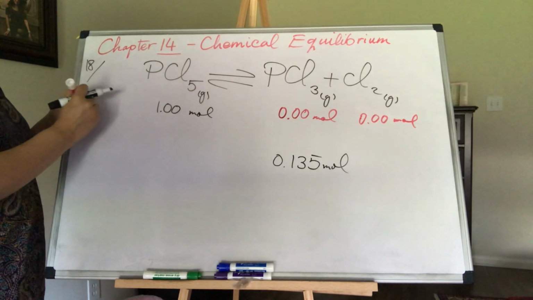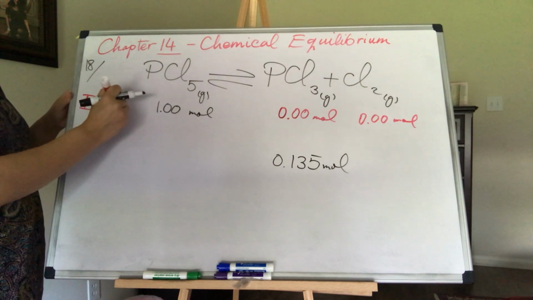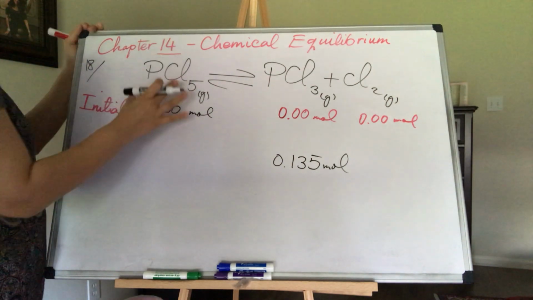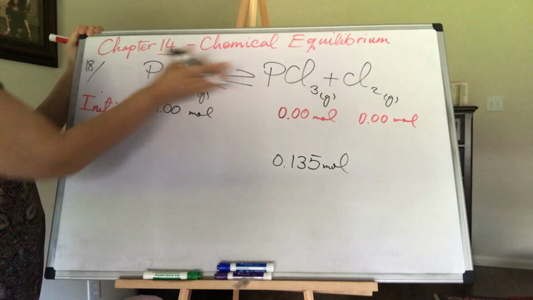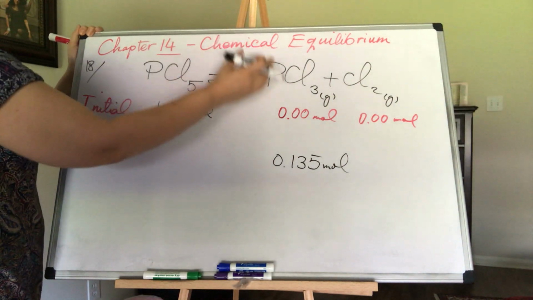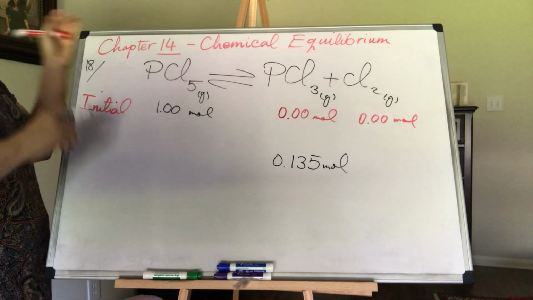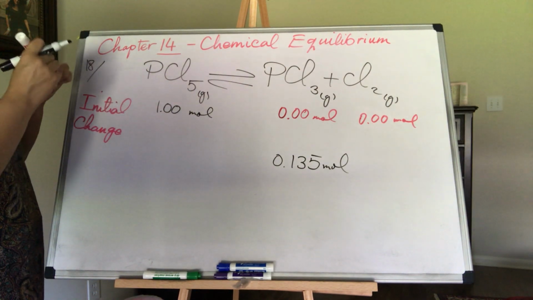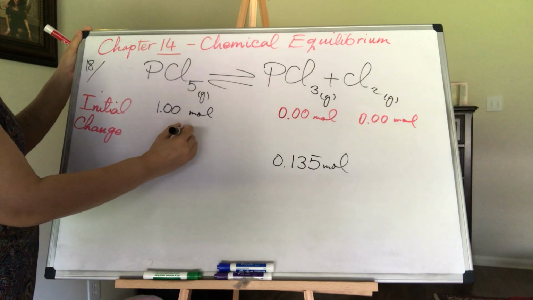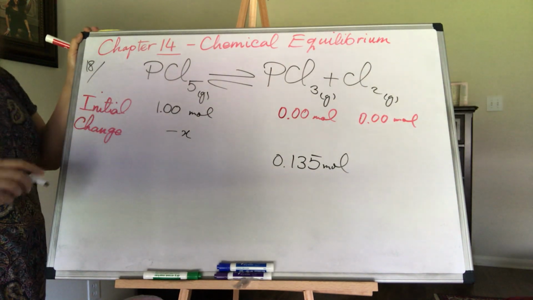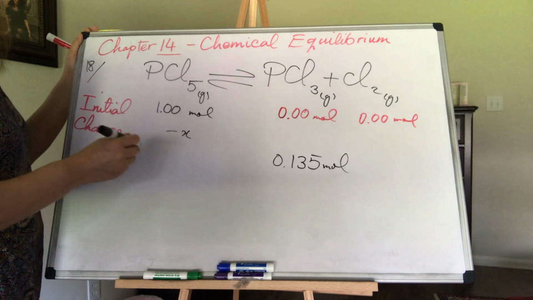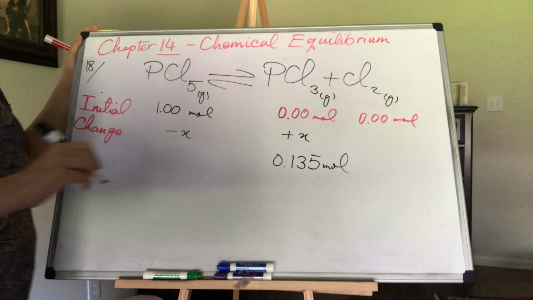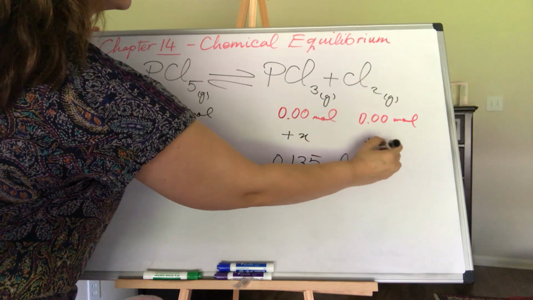This is called the initial condition. Initially we have these. Then we let PCl5 decompose, to break down to PCl3 and Cl2. So during the change, something called X was subtracted from this amount, and the same amount X was added to both PCl3 and Cl2.